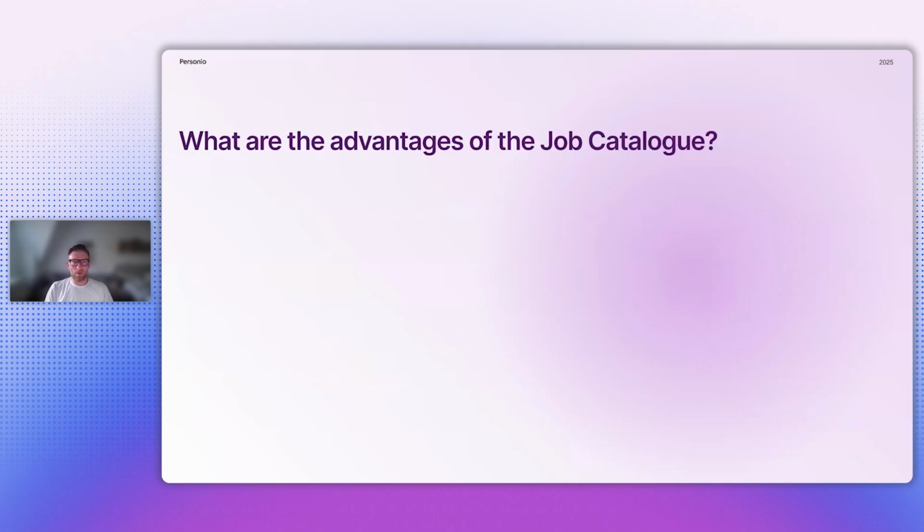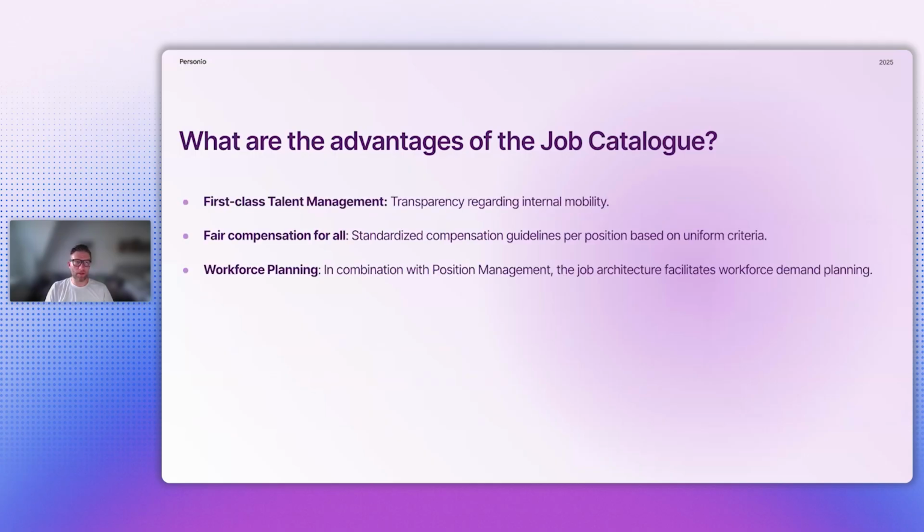Having told you what it is, what are the advantages for you when you take your time and set up this job catalog? First of all, you have first-class talent management because you have transparency regarding internal mobility.